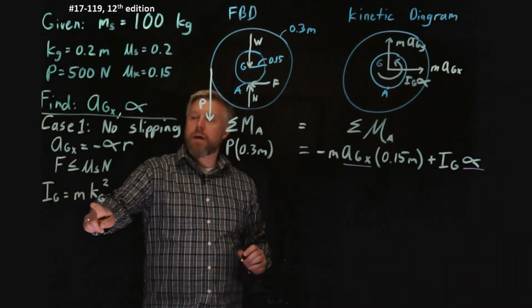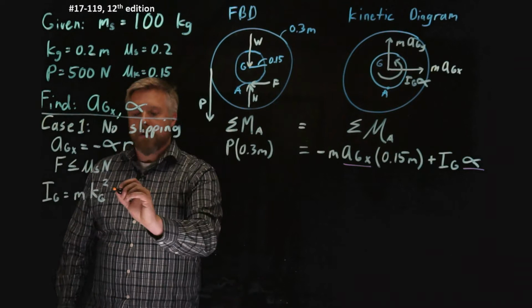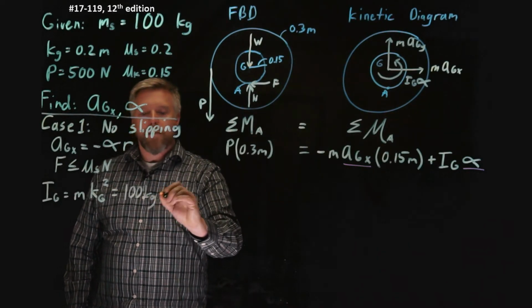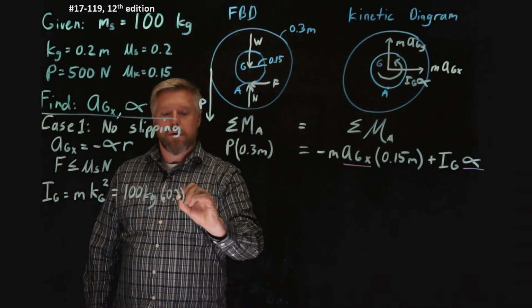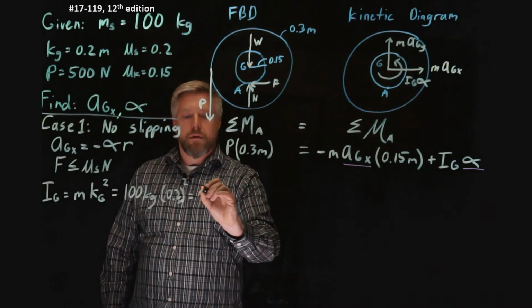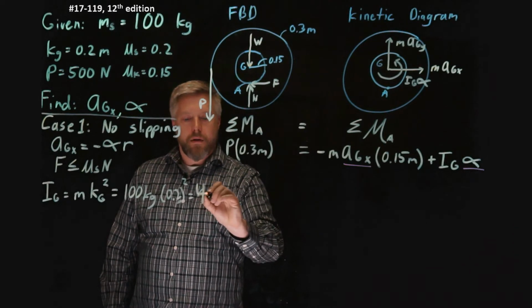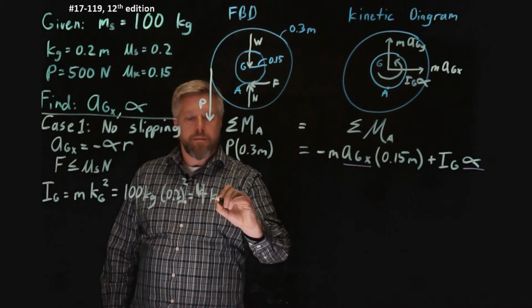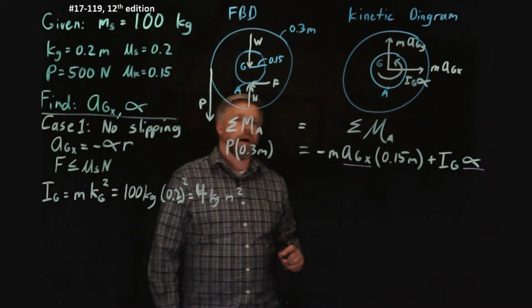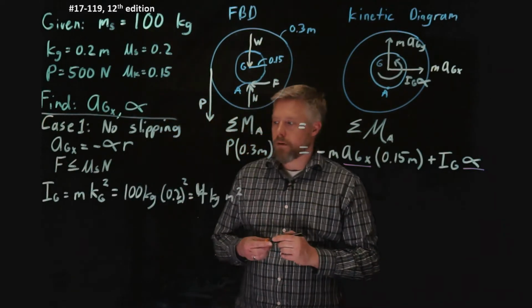Okay, so we are given the radius of gyration of 0.2. So for us, IG is going to be equal to 100 kilograms times 0.2 squared. And that's in meters, so that would be equal to 4 kilogram meters squared. Okay. So we have our IG. It's equal to 4 kilogram meters squared.